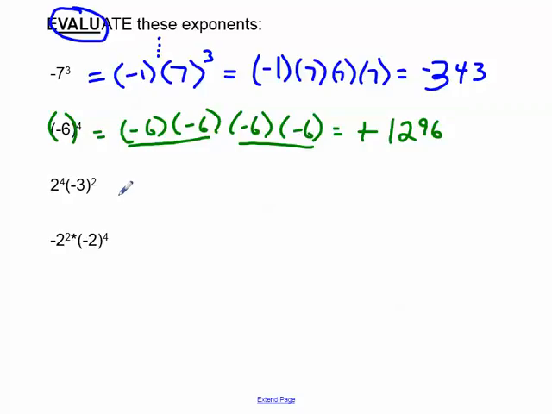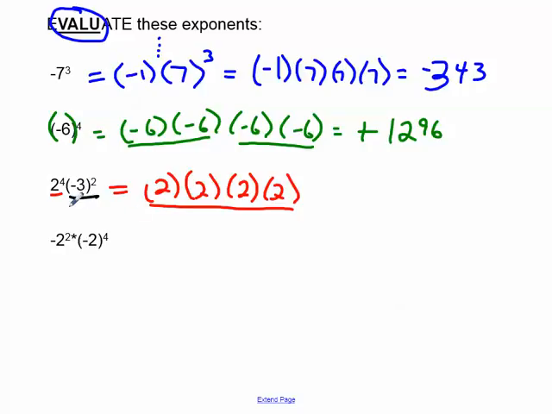Alright, let's go down here and see what we've got for 2 to the 4th power times -3 squared. 2 to the 4th power means I've got my base of 2 multiplied by itself 4 times: times 2, times 2, times 2. There's my red. I'm going to underline that in red, just in case people are colorblind or don't have a color monitor.